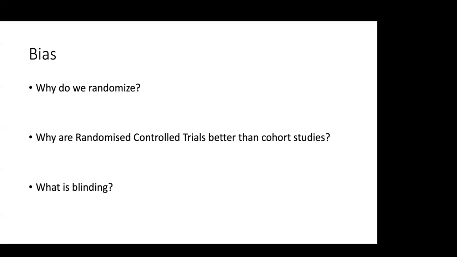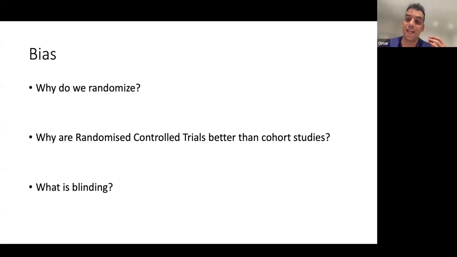Sorry, Omar, can you repeat this again? Yeah, so there is a difference between selection bias and allocation bias. Selection bias, you can design a study where the group of individuals that you're including that form the whole study, your inclusion criteria for the whole study.